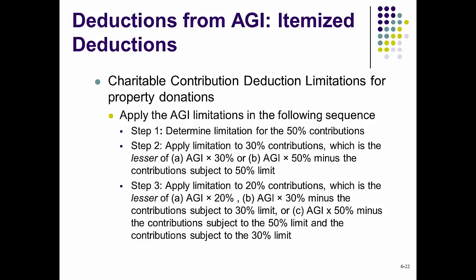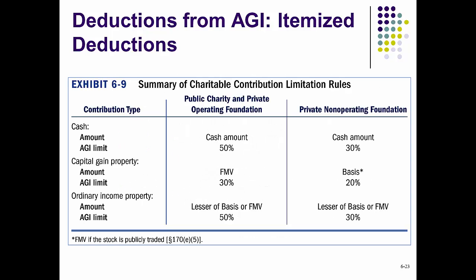Finally, capital gain property donation to private non-operating foundations is limited to 20% of the taxpayer's AGI. For this one, we may want to see Exhibit 6-9 on page 6-22 for a summary of donation limitation.